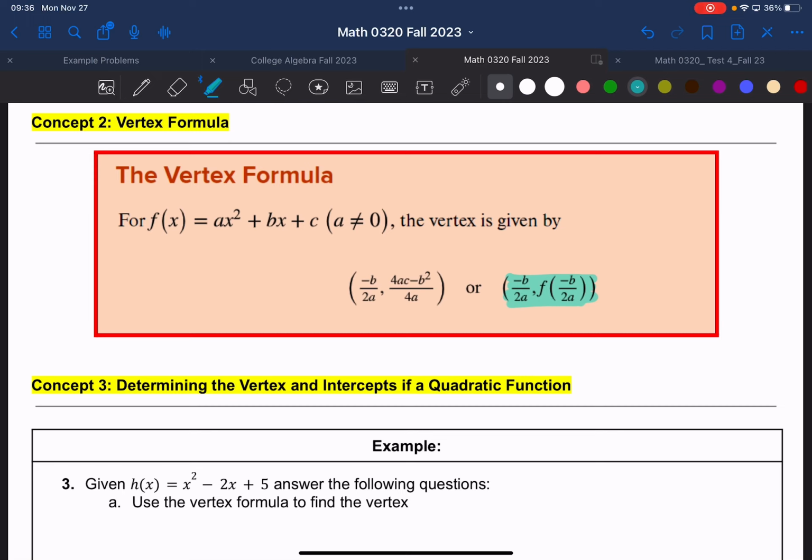What this is saying is that your x value is negative b over 2a, and your y value is just taking this point that you found and plugging it back into your function. Obviously, both formulas are correct. This is just the one I'm going to be using in the examples.